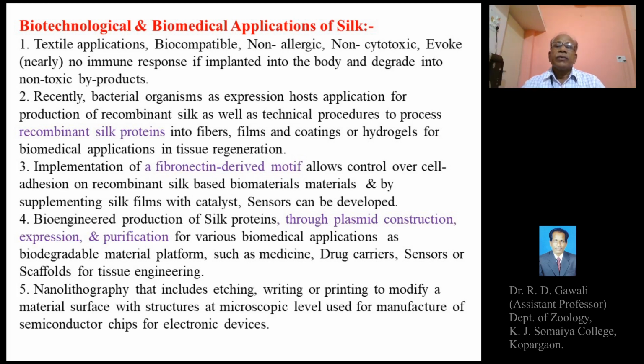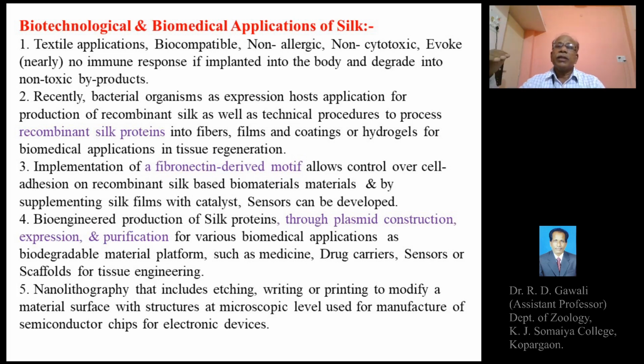So, besides textile applications, silk has biotechnological and biomedical applications also, and this is because of its biocompatible, non-allergic, non-cytotoxic nature, and it shows no immune response if implanted into the body.